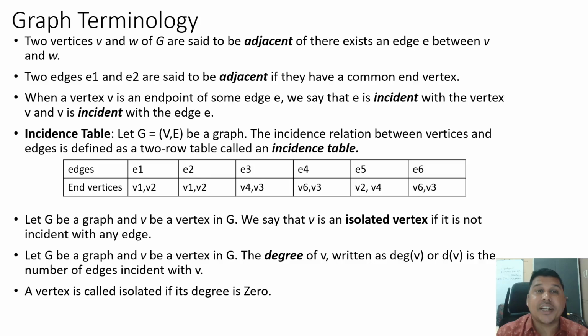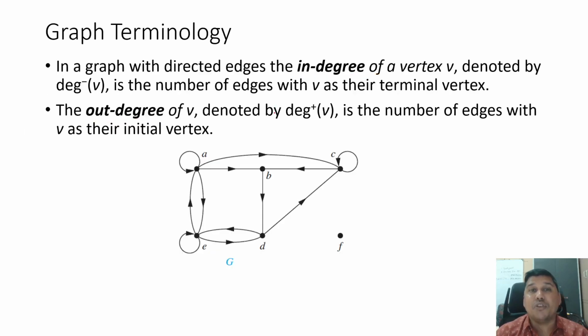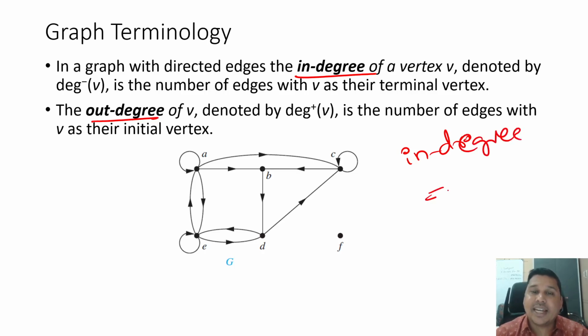But whereas for directed graph, we have 2 things, in degree and out degree. So you see here, from A, what is the in degree count of A? How many are coming towards A? See, 1 is coming towards A, so 1 plus. From E, another one is coming towards A, 1 plus.